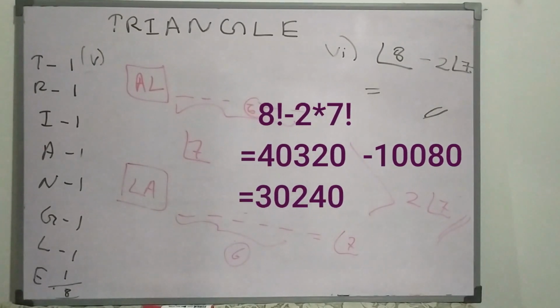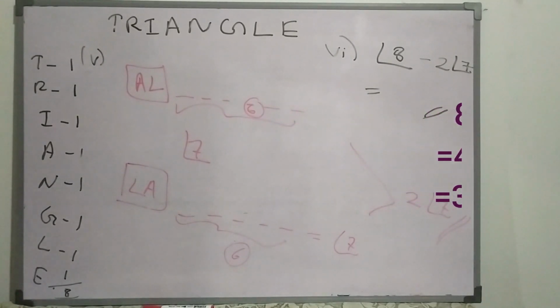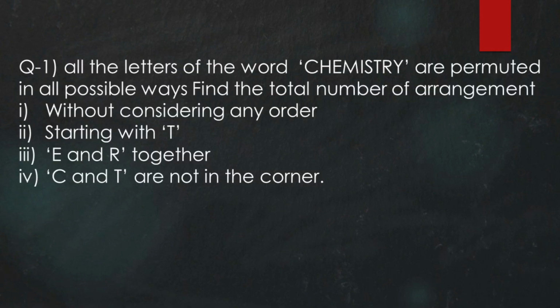So AL not together means 8 factorial minus 2 times 7 factorial. The answer is 30,240. I think now you have a little idea about permutation and combination, and how to permute the word TRIANGLE in an appropriate way.